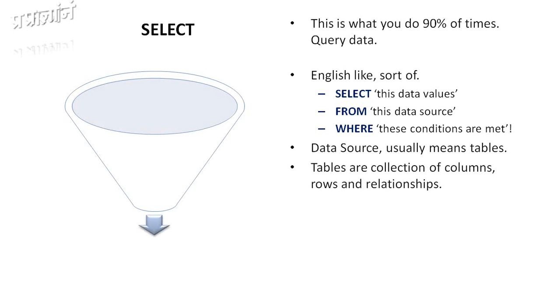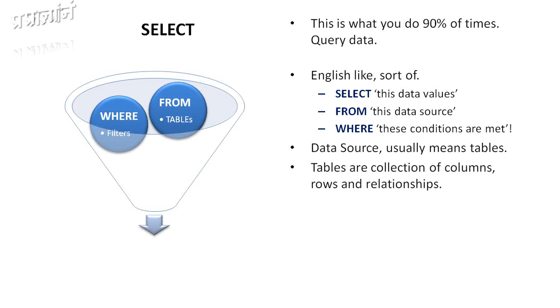You don't need to exactly know how it works. What you're going to do is give these components of your query to SQL Server. So you're going to give them where, from, select. And SQL Server is going to process it and give you the data you want.